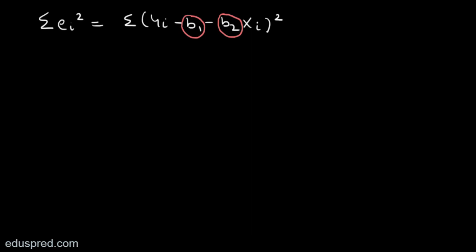I'm sure you must be aware of the steps that you have to follow to minimize this function, but just for the sake of completion, let me write down the steps here. As we have to solve for b1 and b2, let's write down the steps separately. Here let's write the steps for b1 and here the steps for b2. The first step is to find the first order condition.